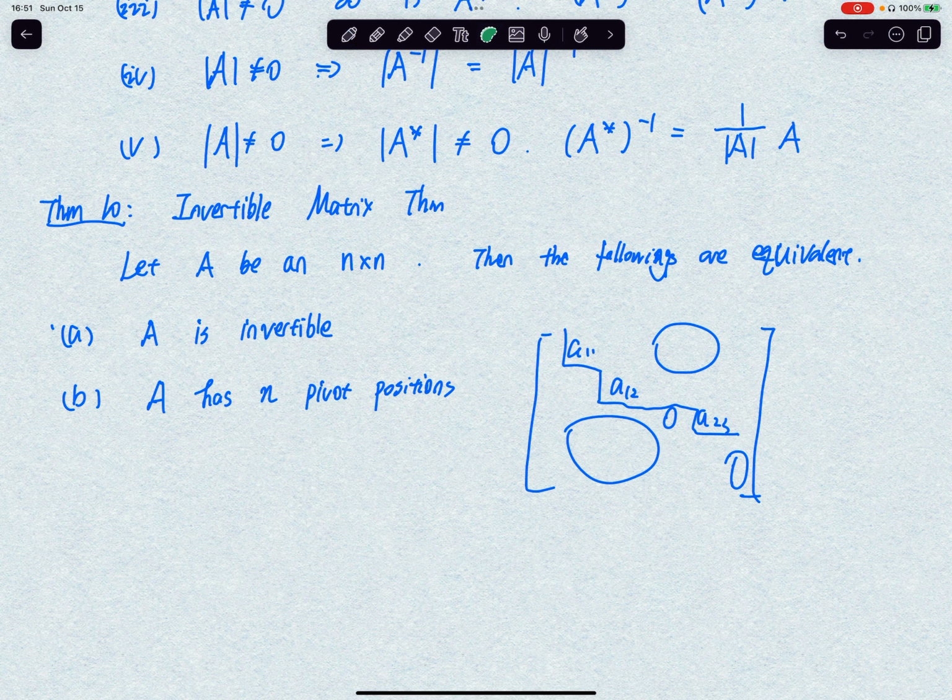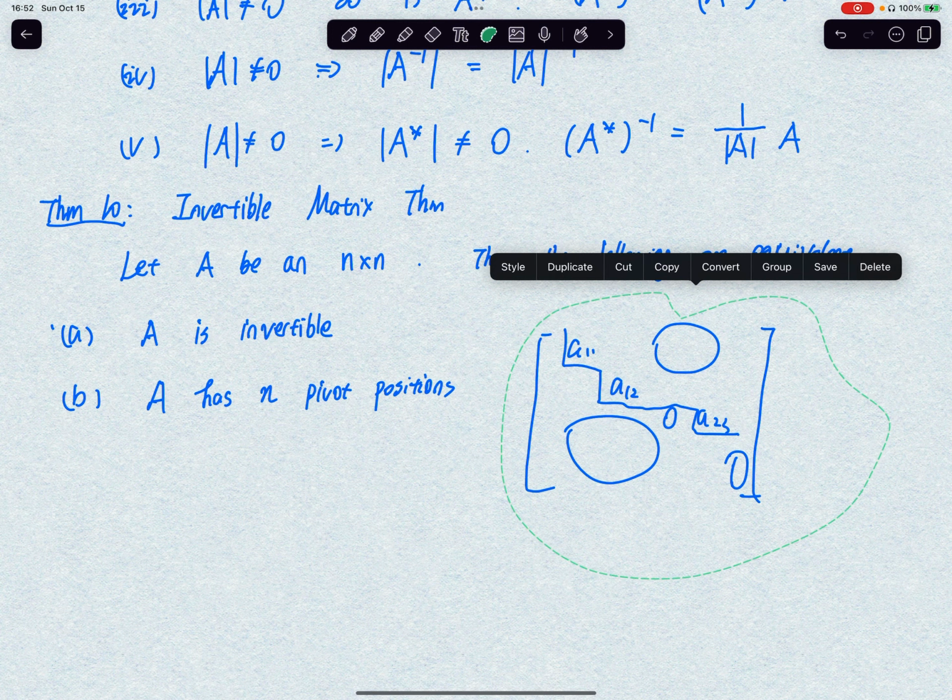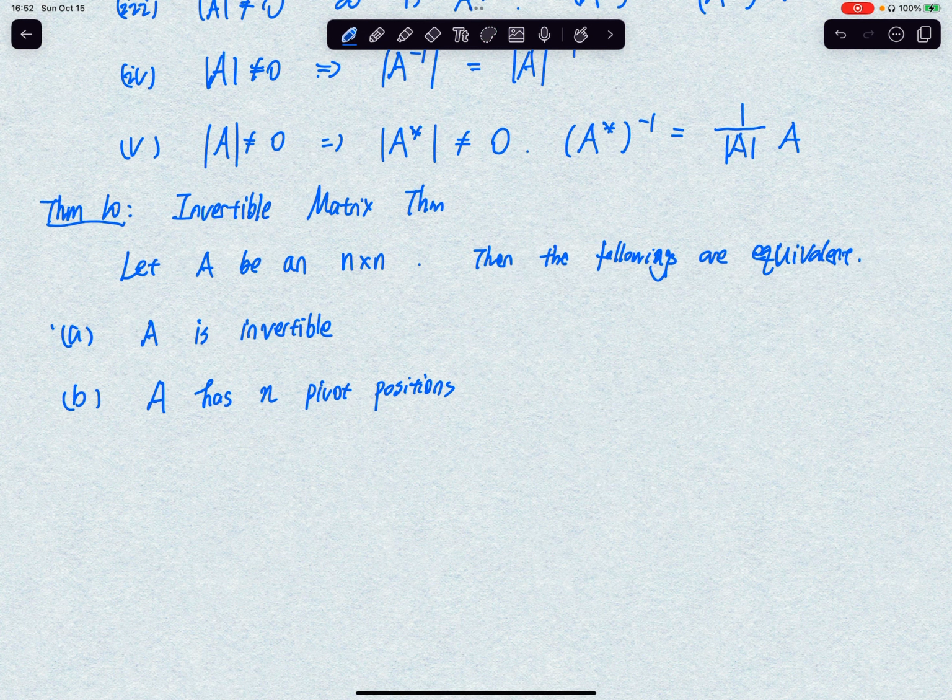So loosely speaking, the pivot positions are those variables appearing at the leftmost position under the reduced echelon form, and we shall introduce this concept later, where we shall introduce the Gauss elimination. It is also equivalent to that Ax equals 0 has only the trivial solution.